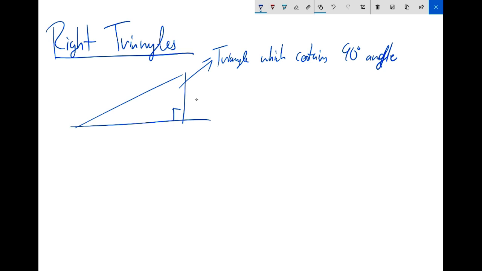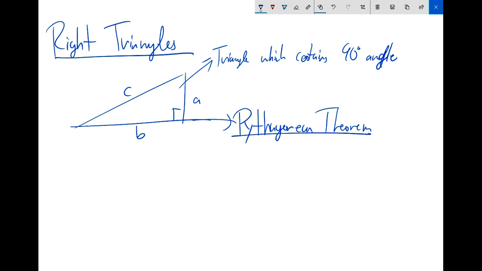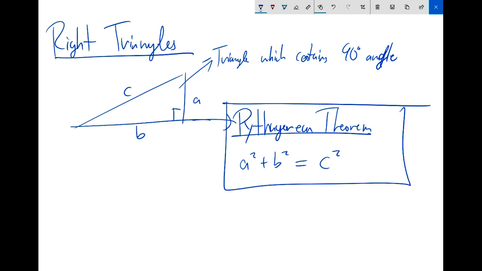Now, there's a relationship between the sides of a right triangle, known as the Pythagorean theorem. It says that if you take the two short lengths of the triangle and square them, they should add up to the hypotenuse squared.